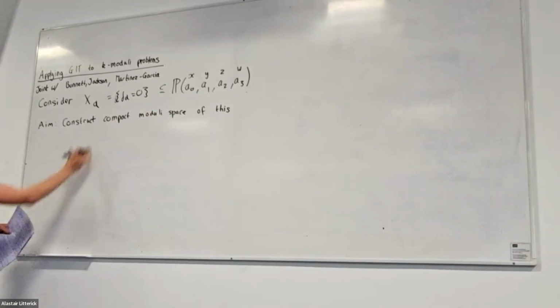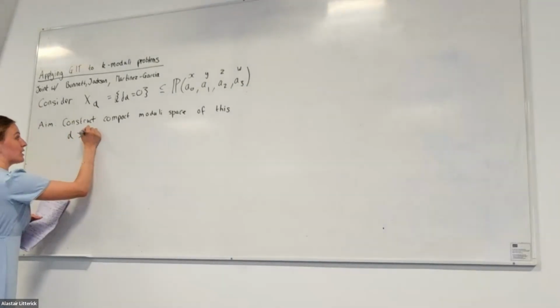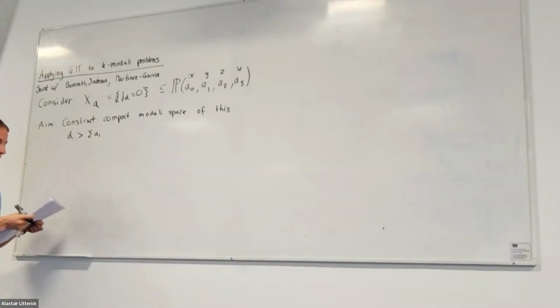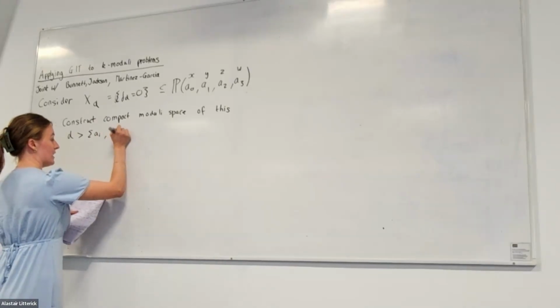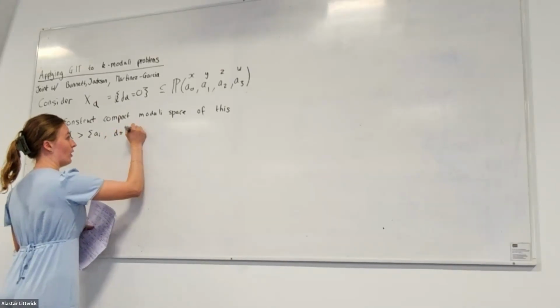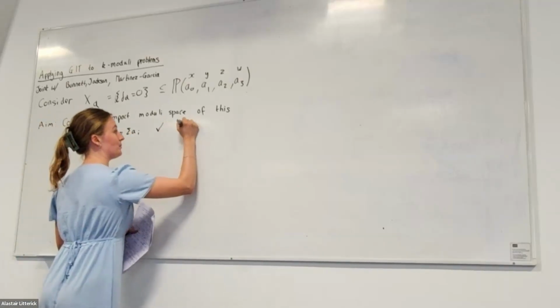So when our degree d is greater than the sum of our weights a_i, or d is equal to the sum of our weights a_i, then that's already understood.